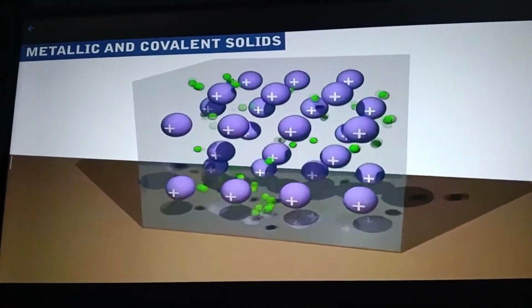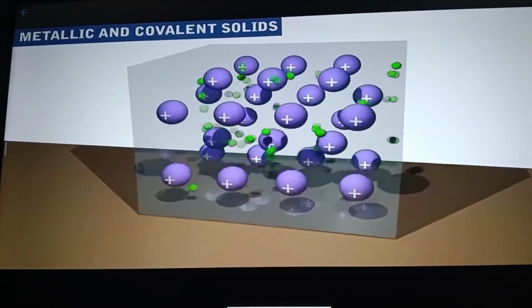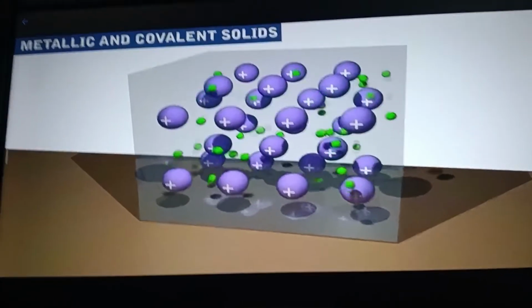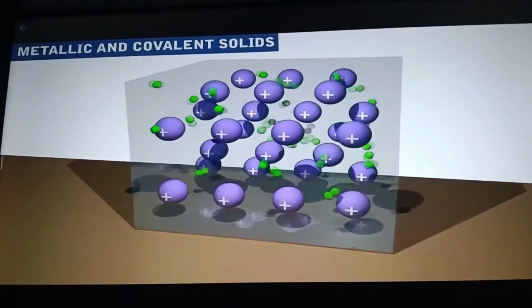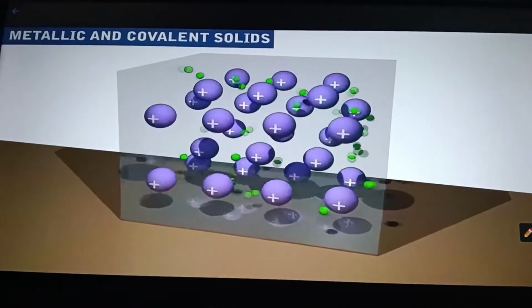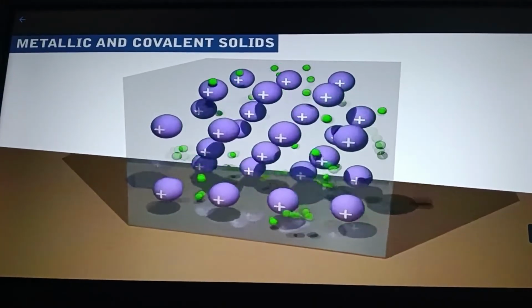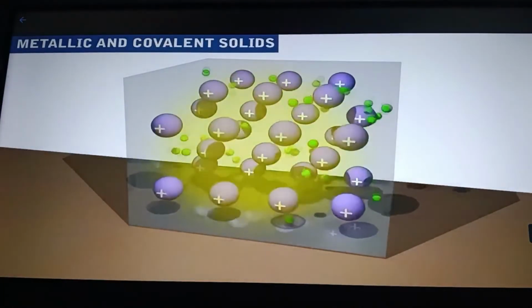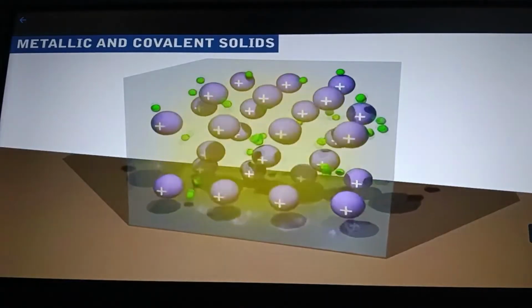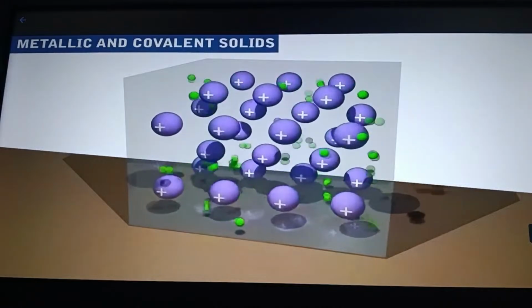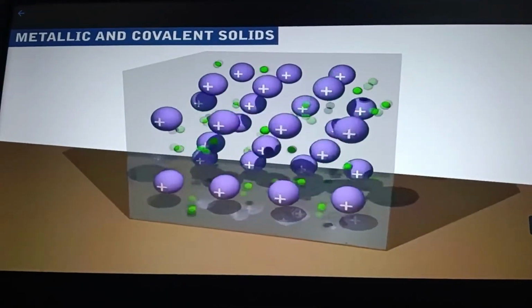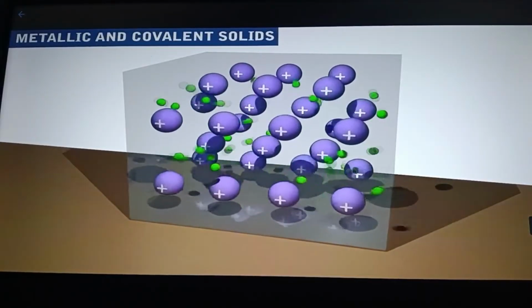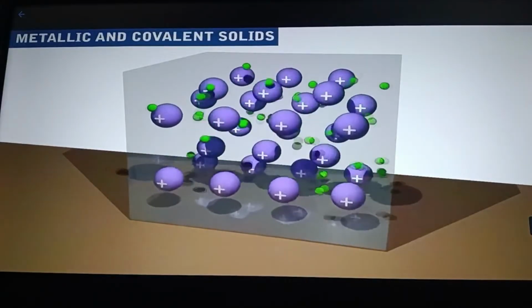These solids are merely a collection of positive ions surrounded by and held together by a sea of electrons. Hence, the constituent particles in a metallic solid are positive ions in a sea of delocalized electrons. The electrostatic forces of attraction between the positive ions and the electron cloud constitute the metallic bonding, which holds the positive ions together. These electrons are not localized on any atom, but rather delocalized uniformly over the entire crystal.